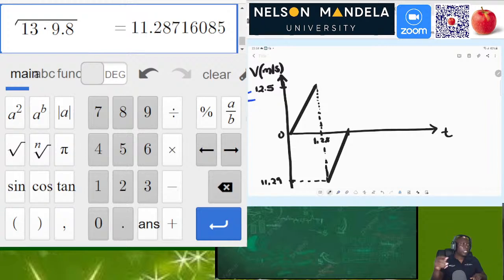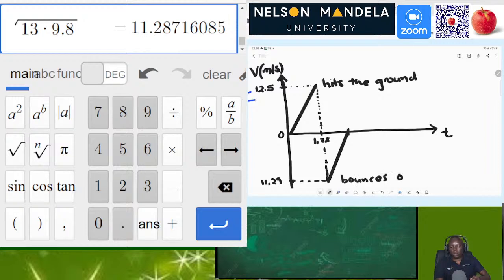So indicate the following on the graph: the velocity with which ball A hits the ground. So here it hits the ground. Then the velocity with which the ball bounces off the ground.